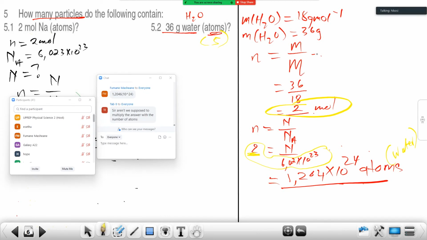It means you are going to lose a mark here for the formula. You are also going to lose a mark here for the molar mass, the substitution of 18.